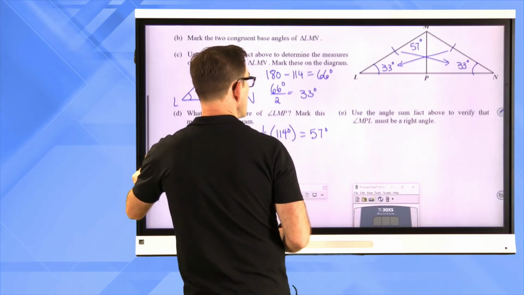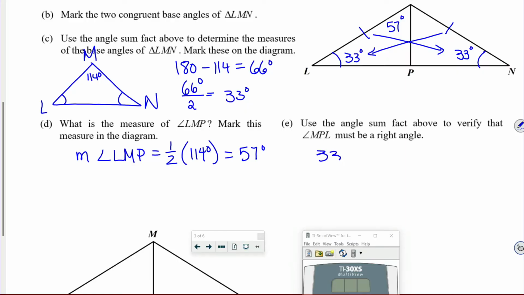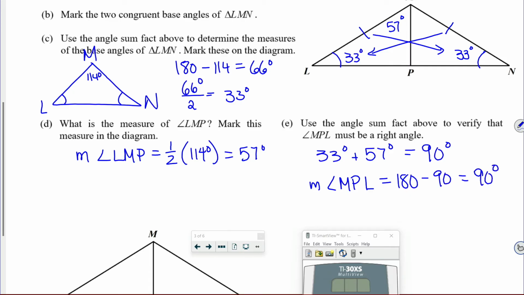So it's easy enough to take 33 degrees, add 57 degrees, and get 90 degrees. And then we can say the measure of angle MPL must be 180 minus 90, or 90 degrees.